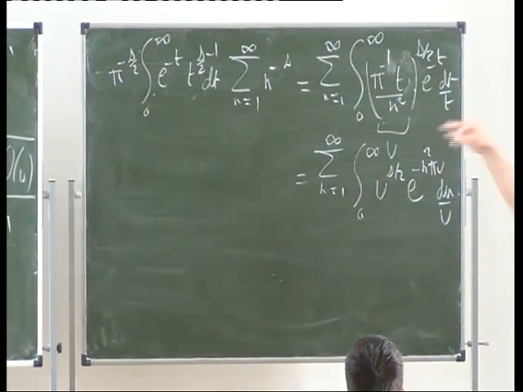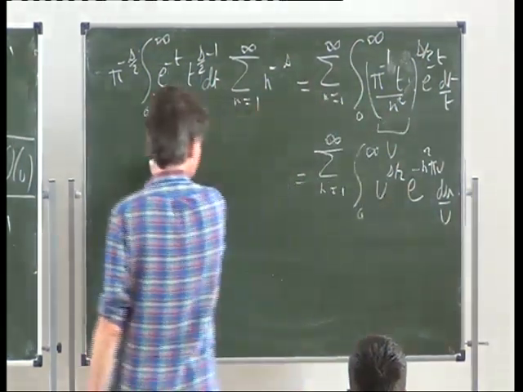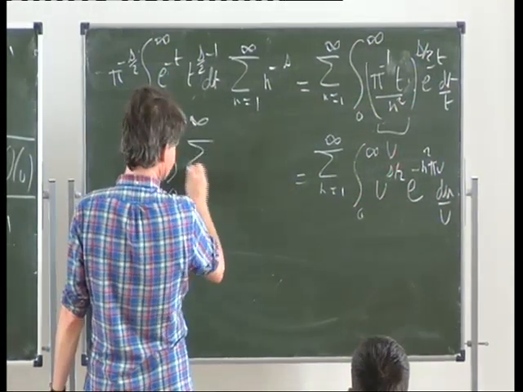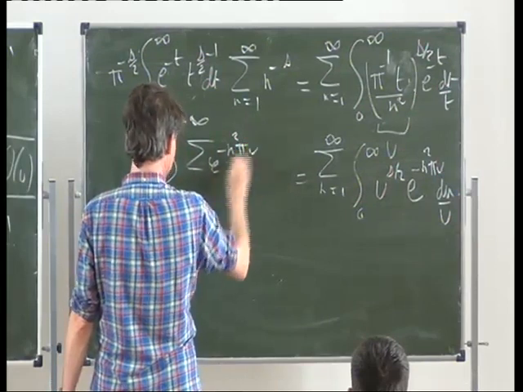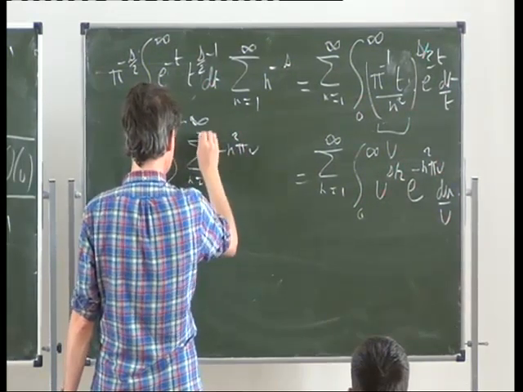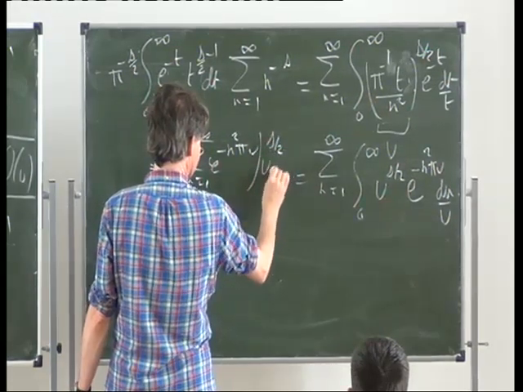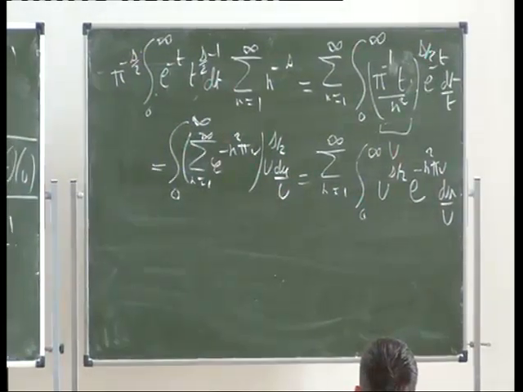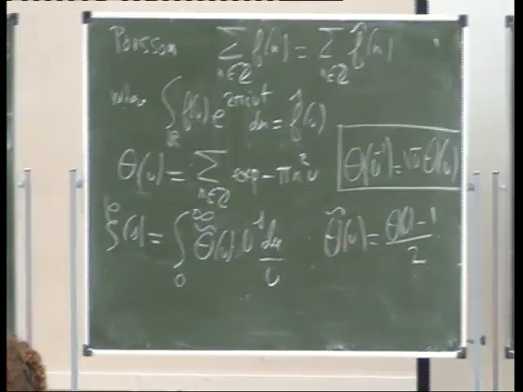And if I exchange again the integral with the summation, I will get the integral of the sum of exponential minus n squared times u, n equals 1 to infinity, u to the s over 2 du over u. So that's this formula.